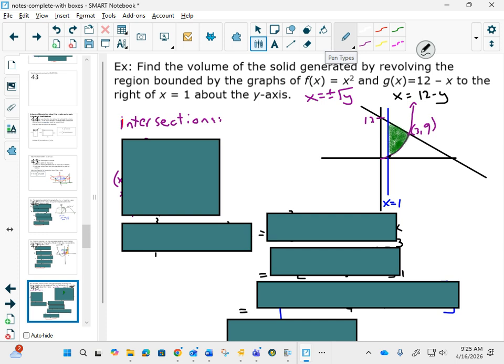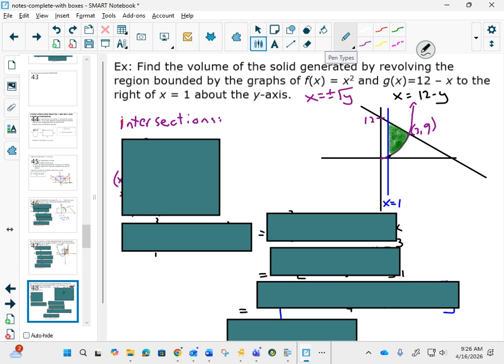And then from 9 to 12, the big radius is black and the little radius is blue again. So if I was doing washer method, big radius minus little radius, I'd have to break it up into two sections. Not crazy hard, quite doable. I would probably say on the exam, if you feel like doing that, perfect.